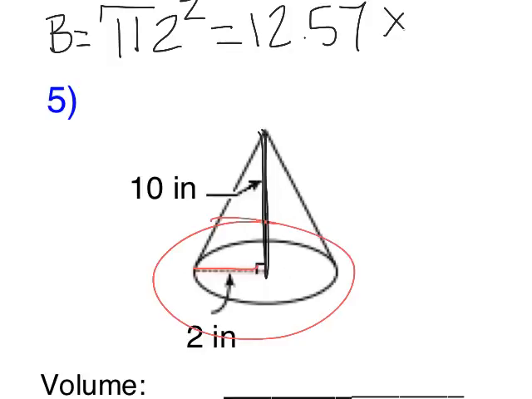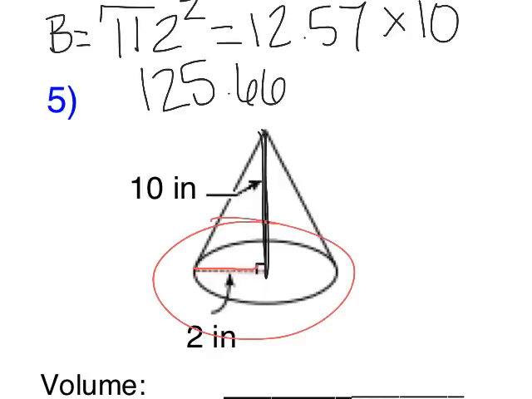So just right up here times 10. And that's going to give us 125.66. So now we've got, as if we had a cylinder, which is similar to our prisms, the volume as if it were a prism. But we have a cone, so that's going to be more like our pyramid.